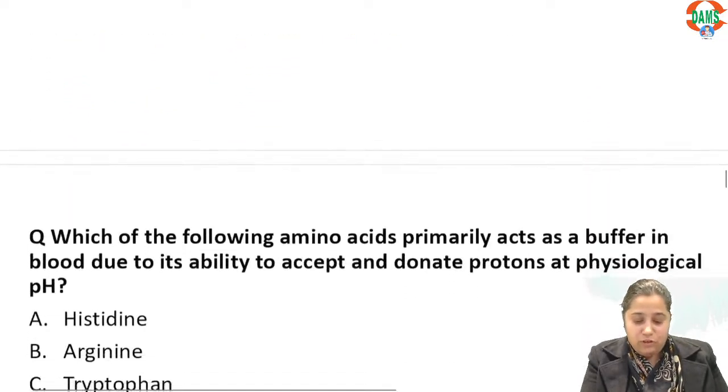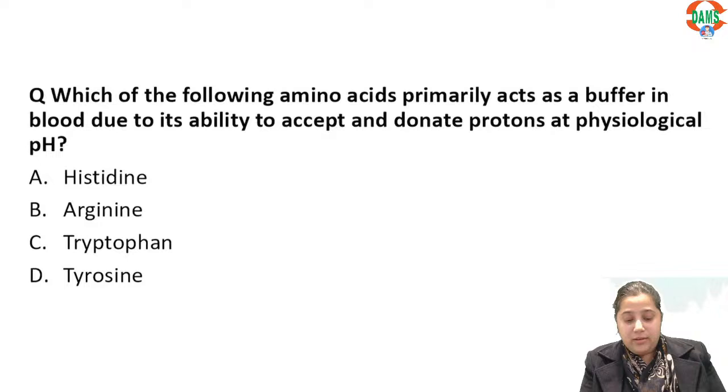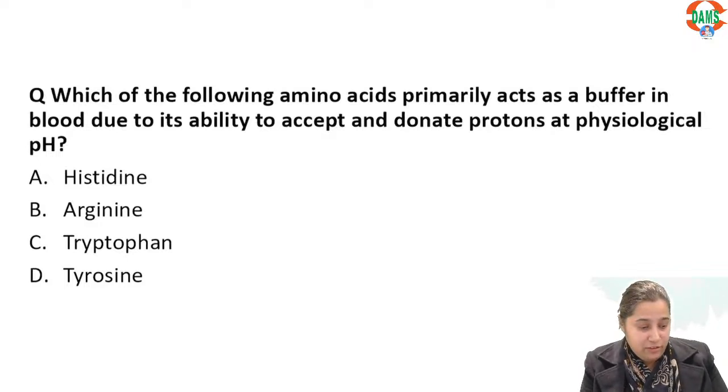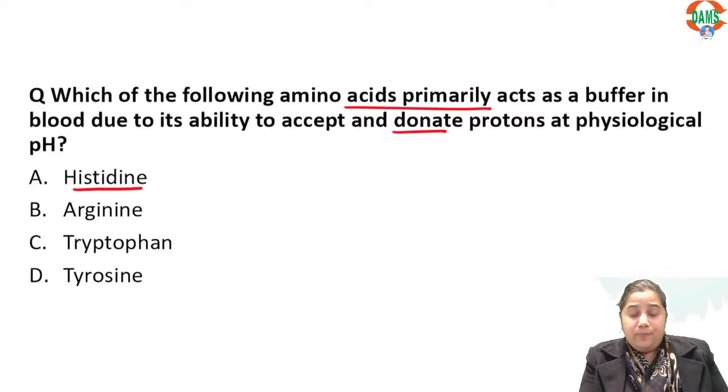Another question: which of the following amino acids primarily acts as a buffer in blood due to its ability to accept and donate protons at physiological pH? This is seen in histidine.